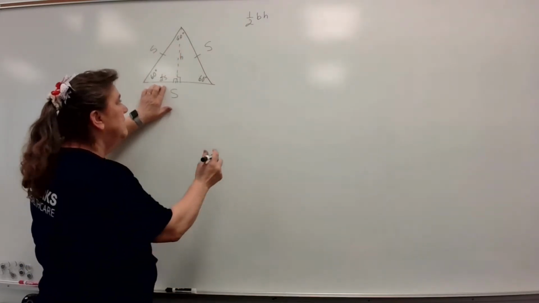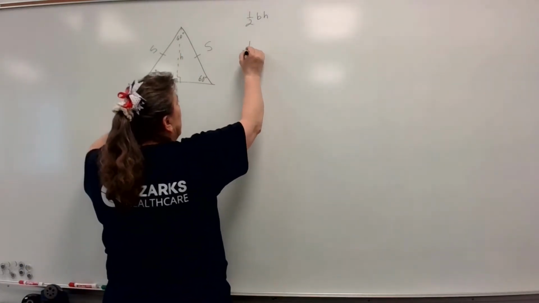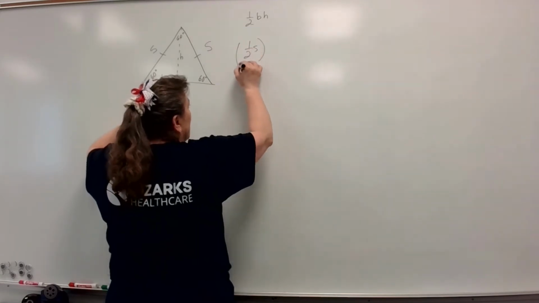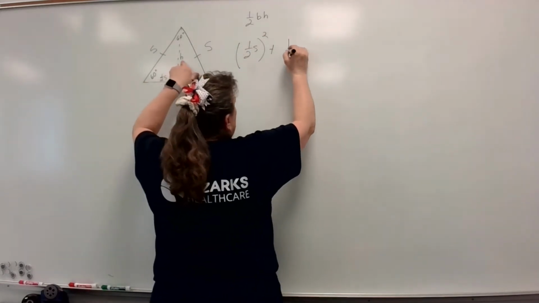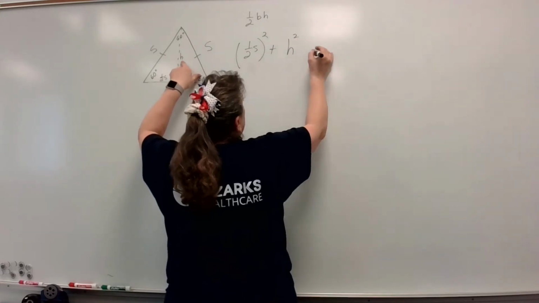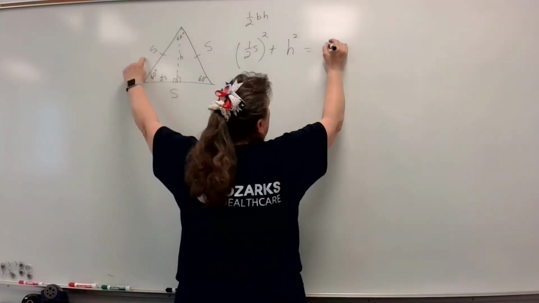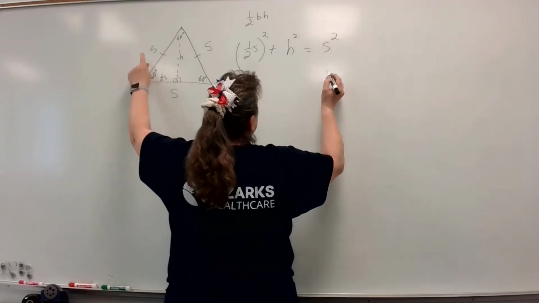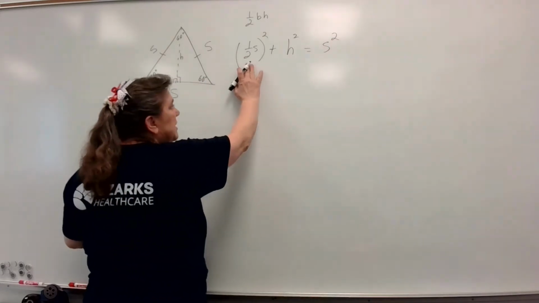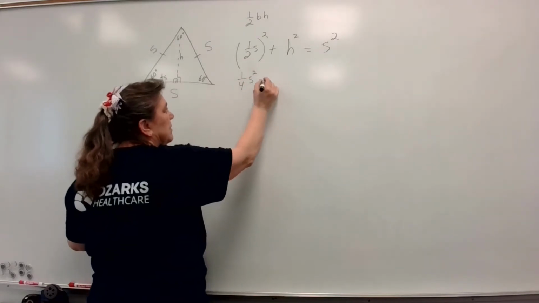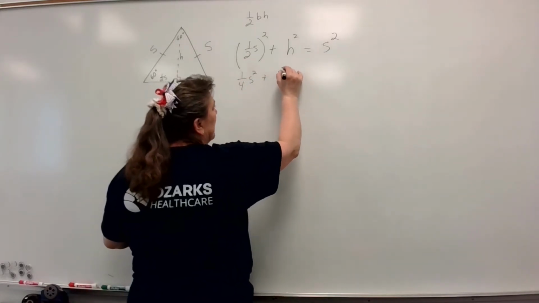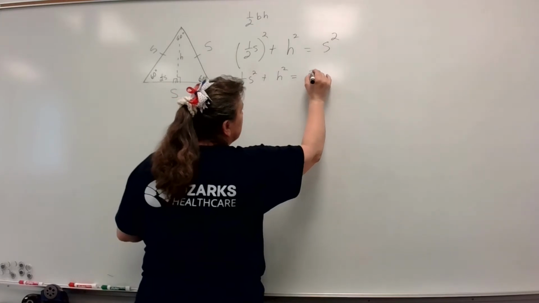Only in this case, our A squared is 1/2 S, and that whole thing has to be squared, plus my H squared, which I don't know, and that's equal to my hypotenuse squared, which is S squared. So when I square this, 1/2 times 1/2 is 1/4 S squared, plus H squared is equal to S squared.